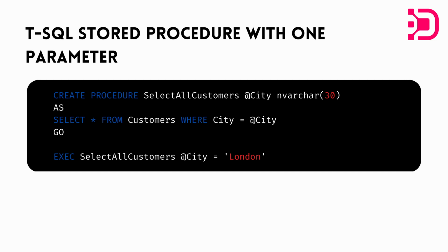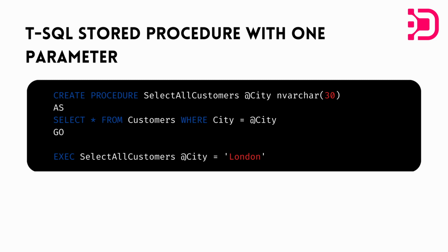It's just that when we write create procedure and then give it a procedure name, after that we have to specify a variable name that is preceded by a @ operator and followed by the data type. So that could be nvarchar, integers, varchars, dates, whatever, but you need to specify the data type of that variable that you're specifying with the @ operator.